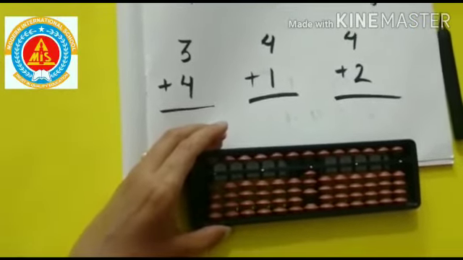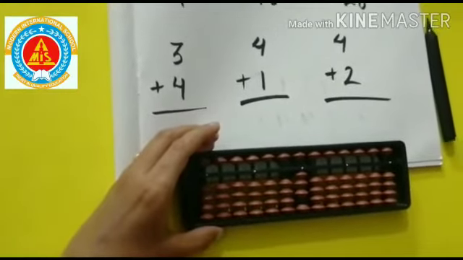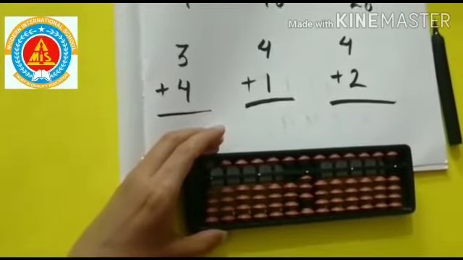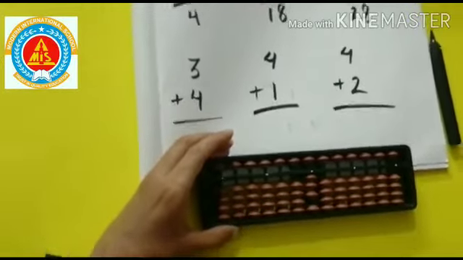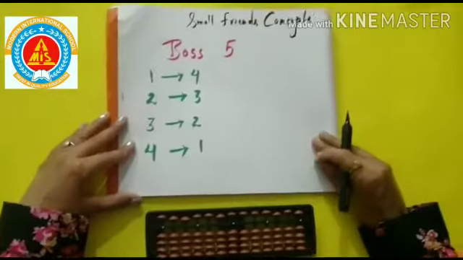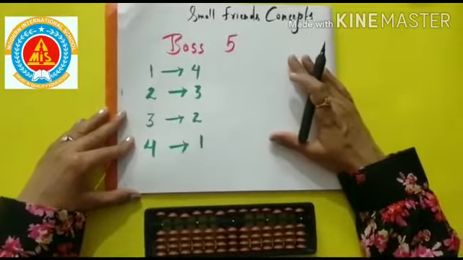In abacus, we have 3 different kinds of friends: small friends, big friends and lazy friend. So today we will learn about small friend concepts.